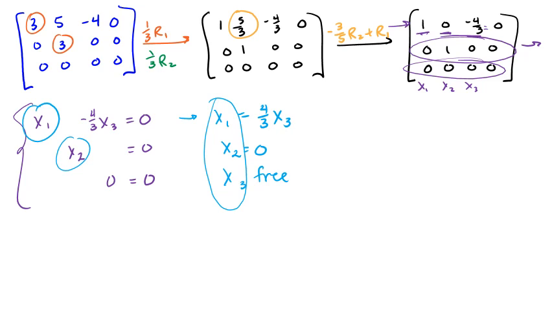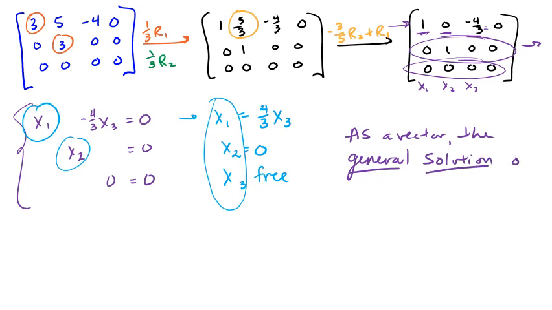So now what I want to do is write this as a general solution. So as a vector, the general solution of Ax equals 0 is, all right, x is equal to x1, x2, x3.